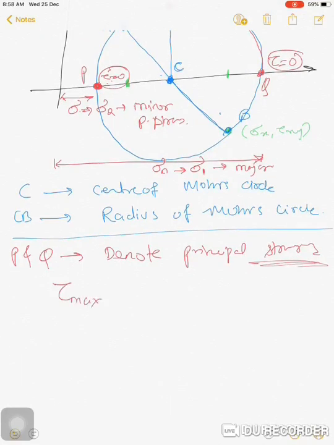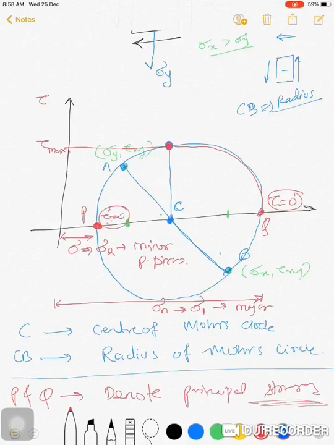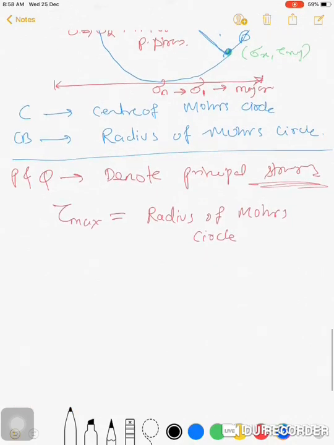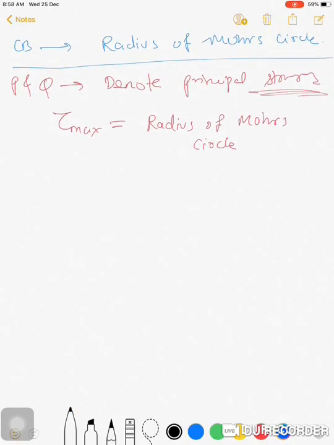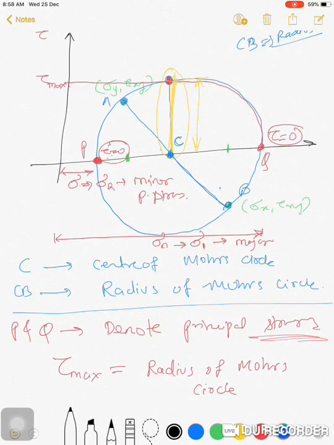Now we can find tau max. Tau max is equal to what? Tau max is the radius of the Mohr's circle. We can see here that this point is tau max, and this is also the radius of the Mohr circle. Radius of the Mohr circle means the distance CQ, or say the distance CP.